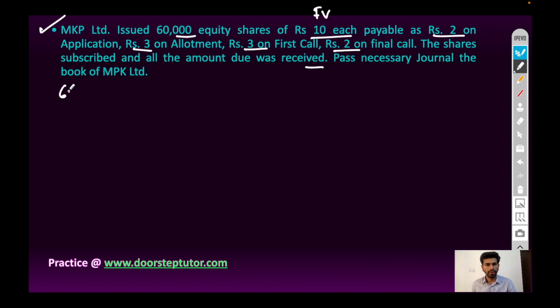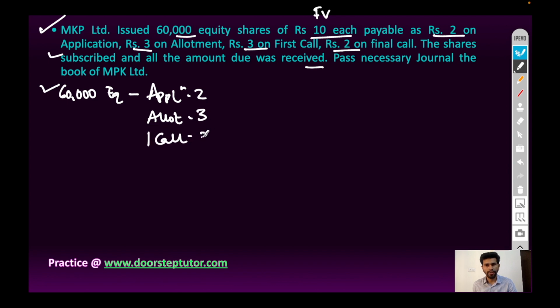So in this question, 60,000 equity shares are issued and 100% shares are subscribed. Application money is 2 rupees, allotment money 3 rupees, first call 3 rupees, and final call or second call 2 rupees.